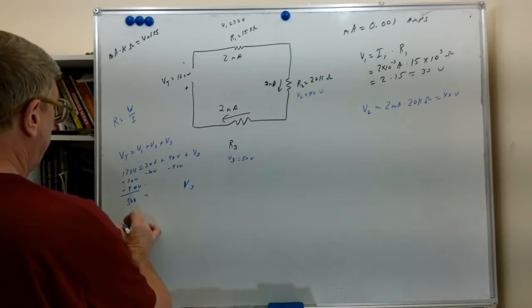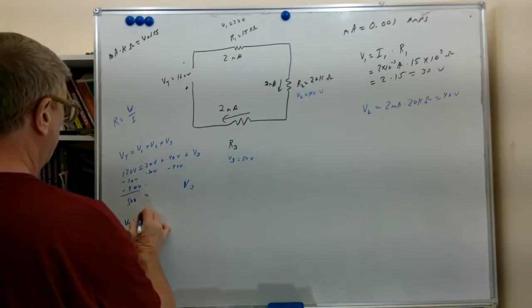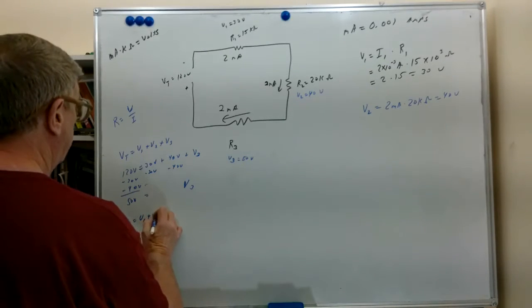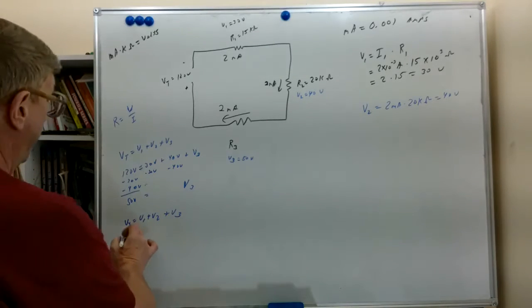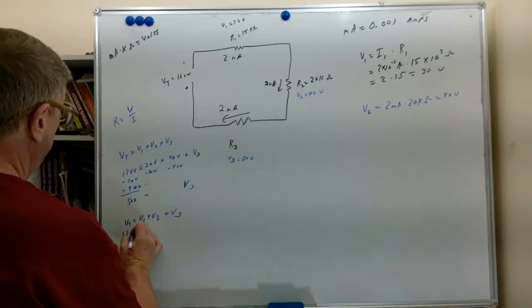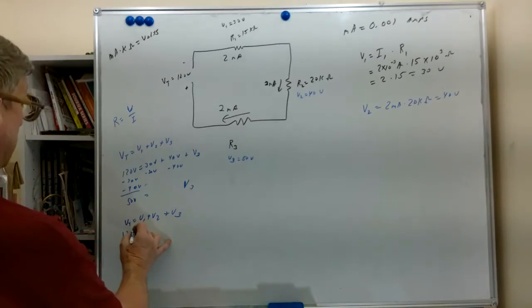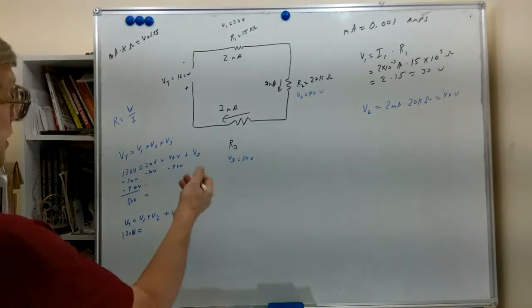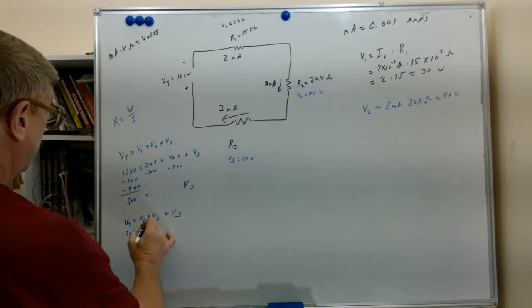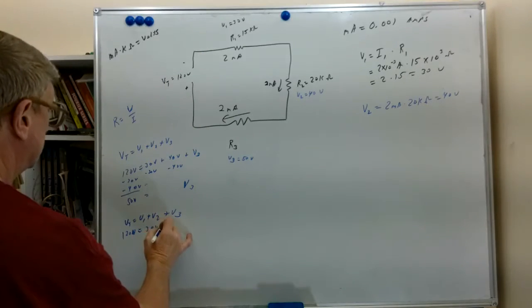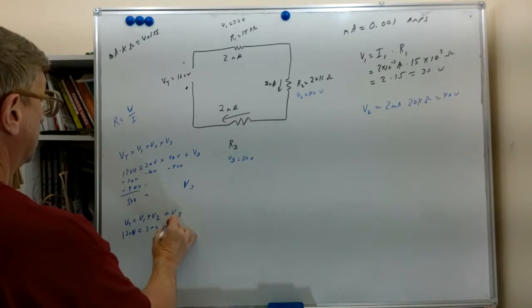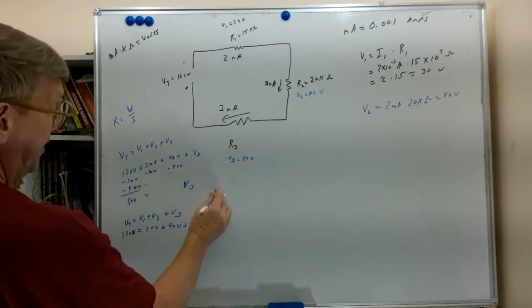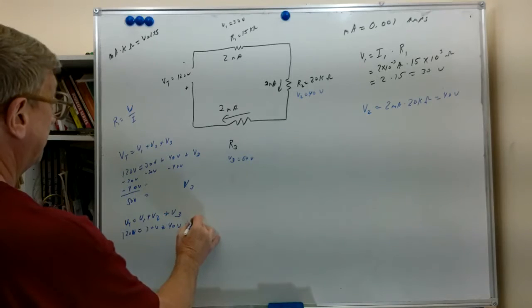If we take VT equals V1 plus V2 plus V3, well, we have 120 volts, VT given, equals V1, which was 30 volts, plus V2, which was 40 volts, plus V3, which we just found to be 50 volts.